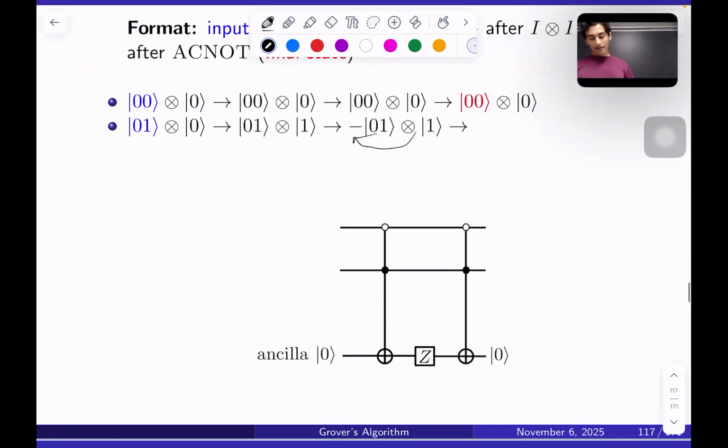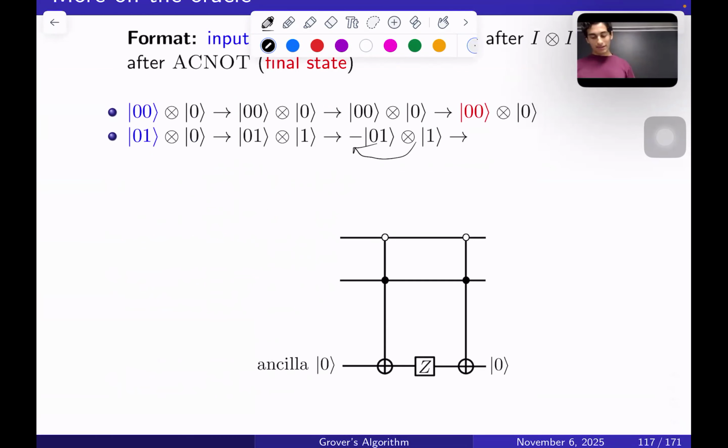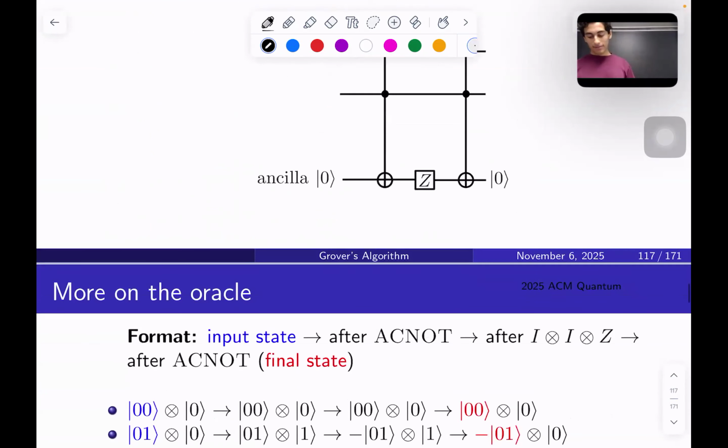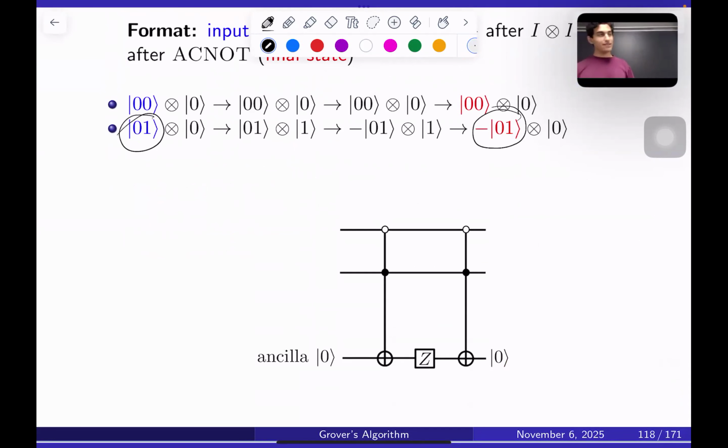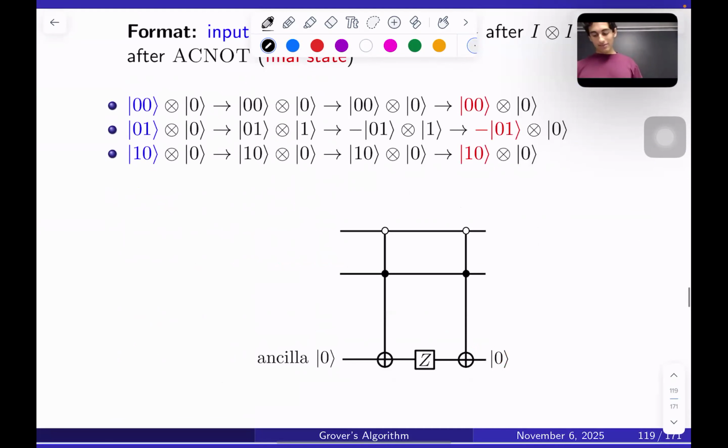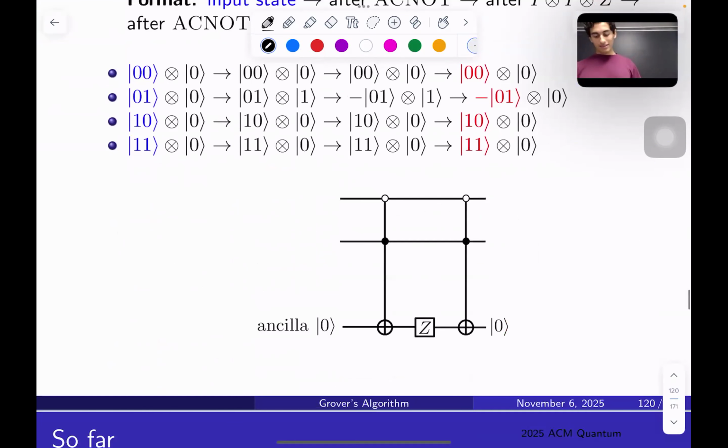Then you uncompute the ancilla, the helper qubit, by applying the same gate. It'll turn that 1 into a 0. Our input state was 0, 1, our output state is negative 0, 1. We've added the negative sign. And with the last two states, we don't change anything. None of the control conditions are hit. So that's how we would encode our oracle.